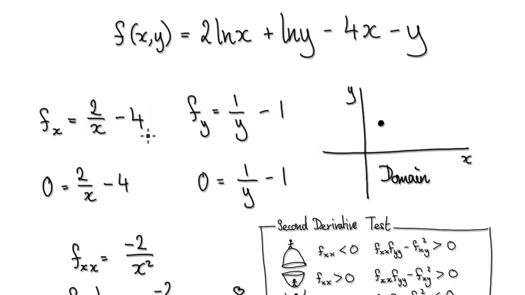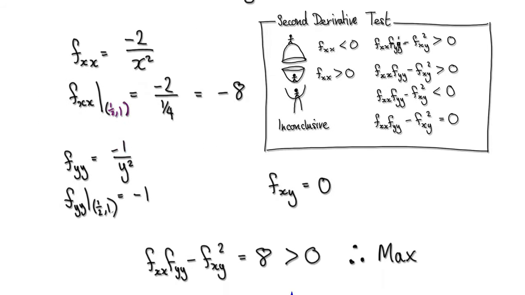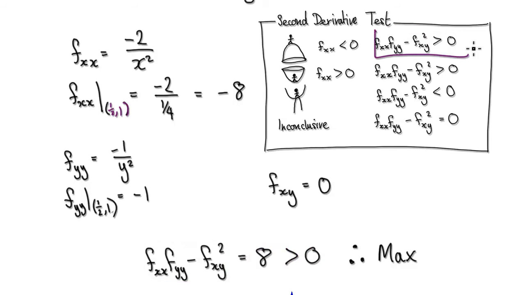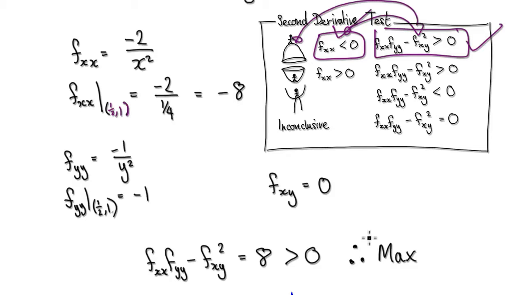So fxy is actually 0, and squared it will still be 0. So overall, this will be the number 8, and then you take away 0 squared, which means this whole thing is the number 8, and that number 8 is bigger than 0. So this is satisfied, and this is satisfied, and because both of them are satisfied, we can definitely conclude that it's a max.